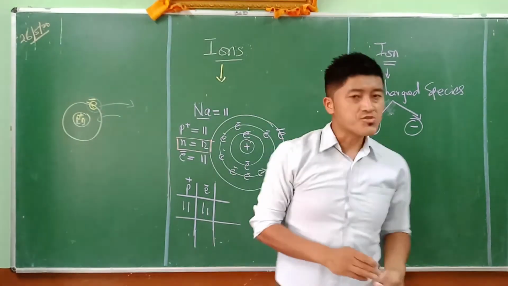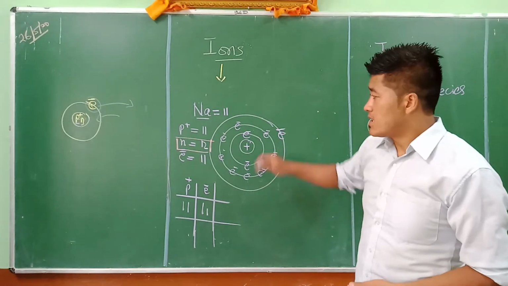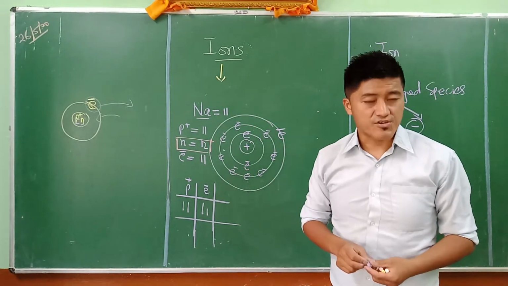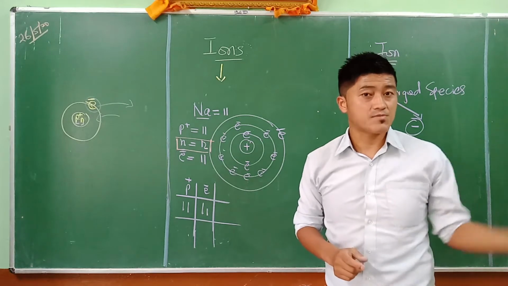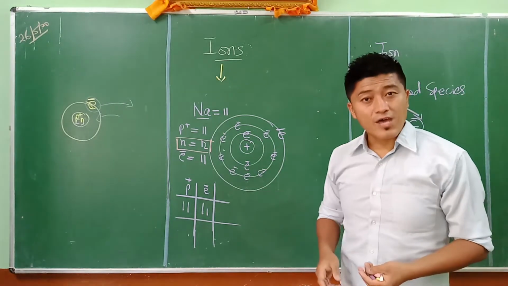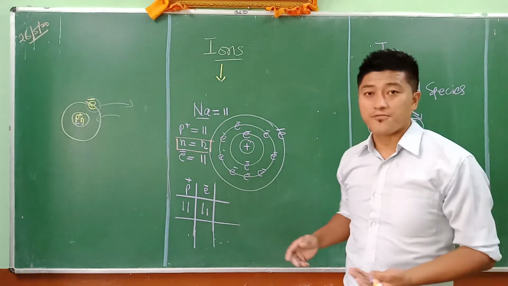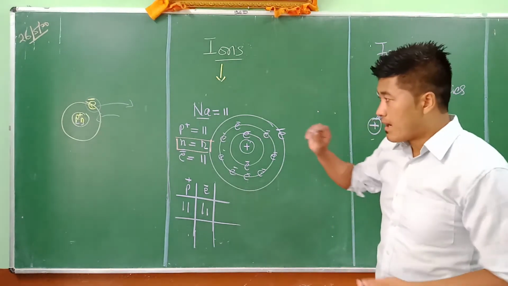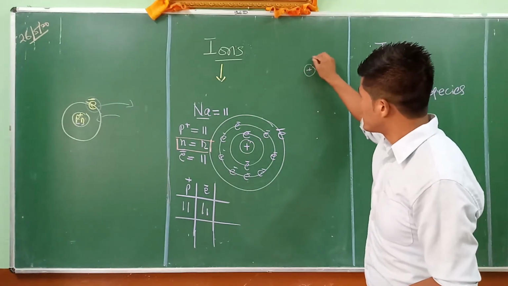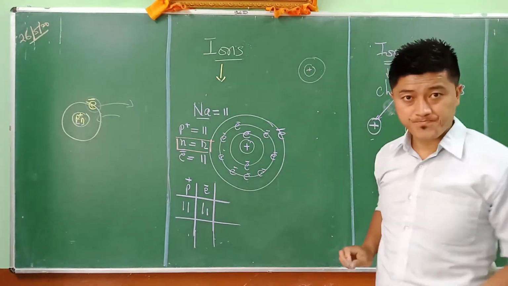Now what we need to do is that there is a particular concept called electronic configuration, which you are going to study in the next chapter, that is structure of atom. But it is important for you to have a little information about electronic configuration. The first thing is, this is what we call a shell.